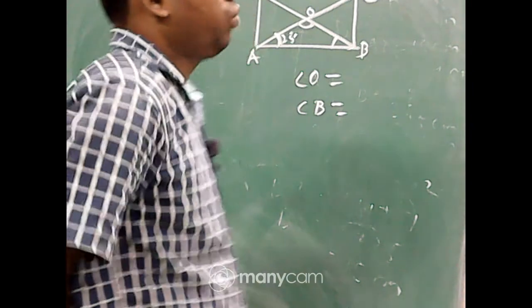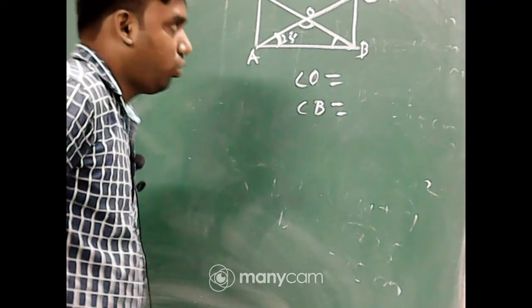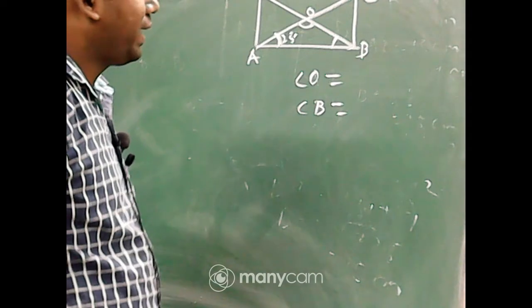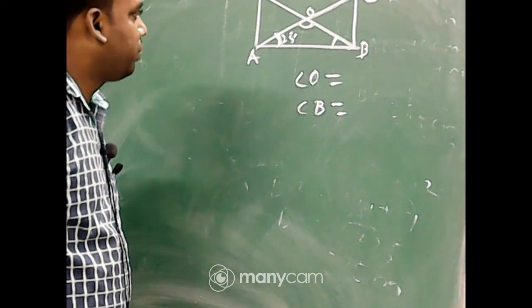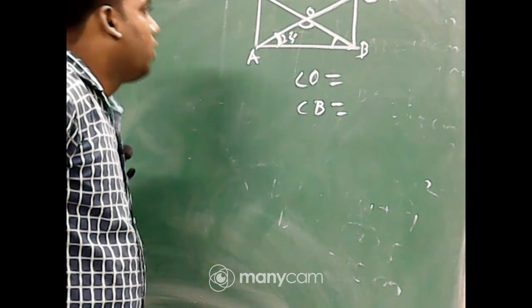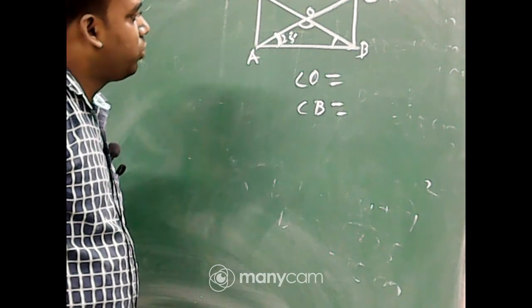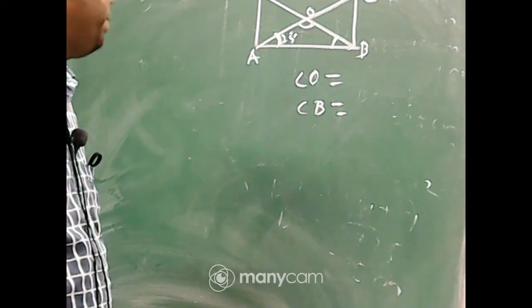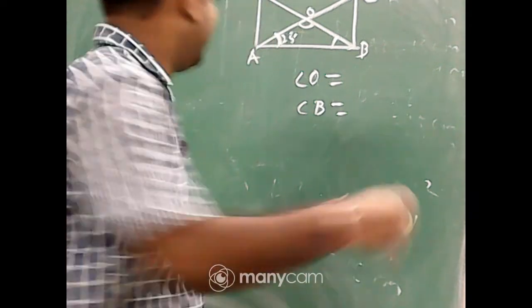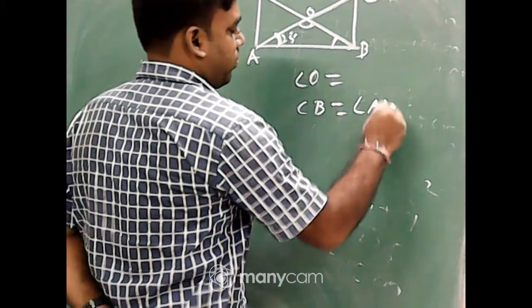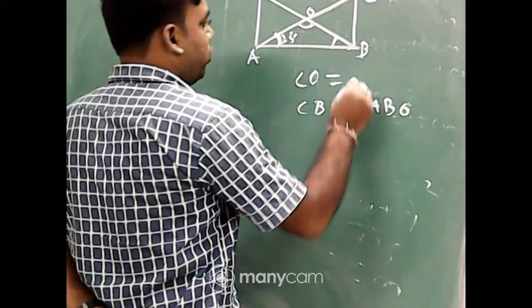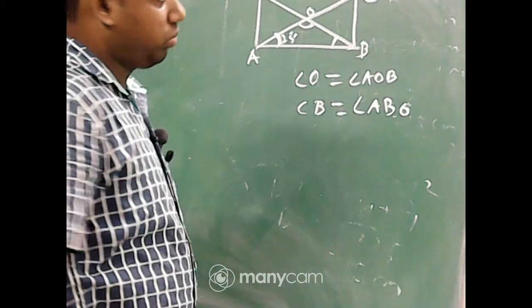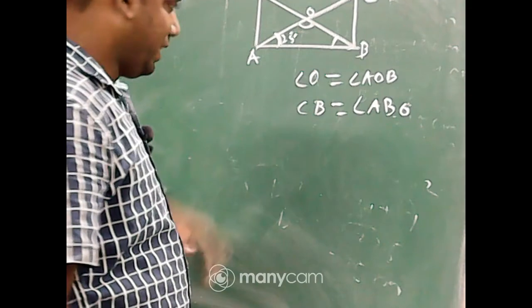Hurry up, students who are typing. ABCD is a rectangle where angle A, that angle portion, is 25 degree. Find the value of O and B. B means ABO, not ABC. And O means AOB. So I think it is better to solve the question.